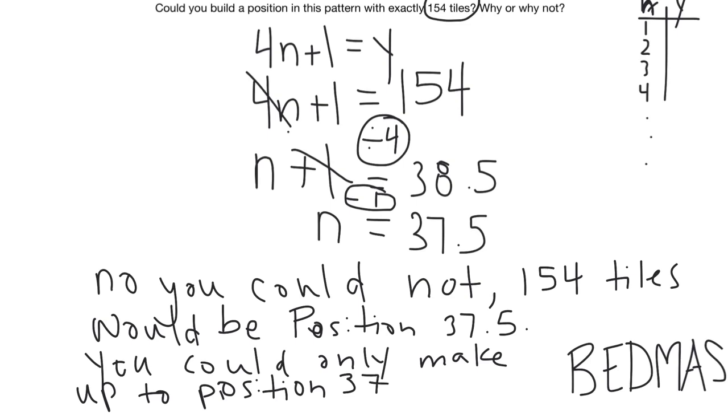So there's a little bit more. We have a few more tiles because we could get to 37.5, but our positions are only whole numbers. So we're not going to do that.